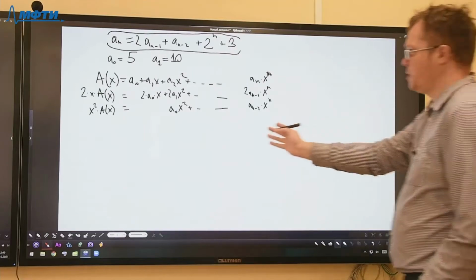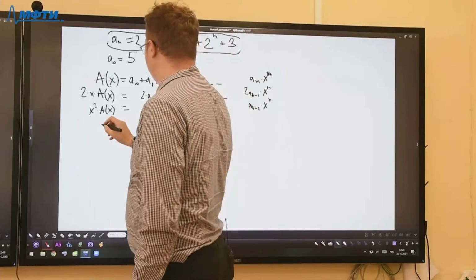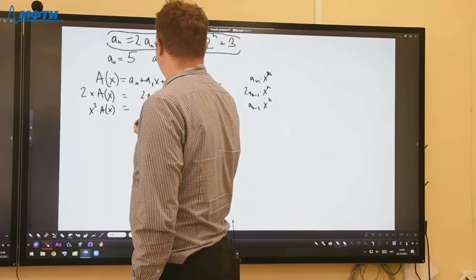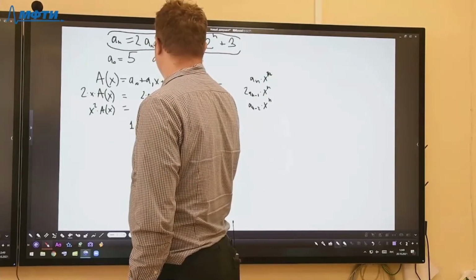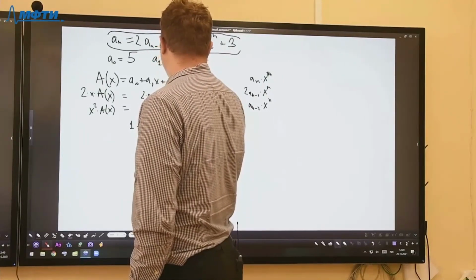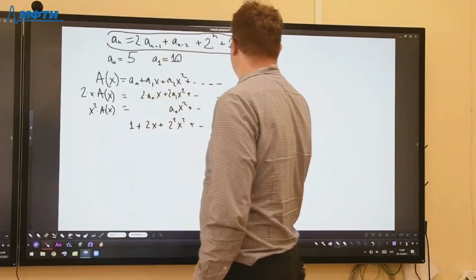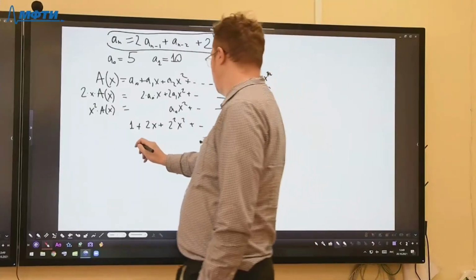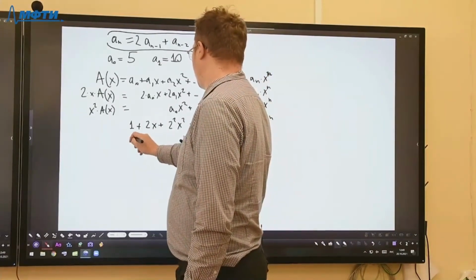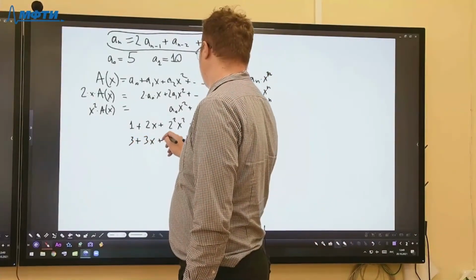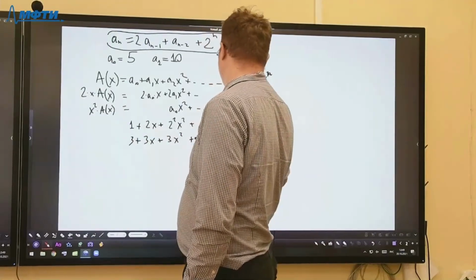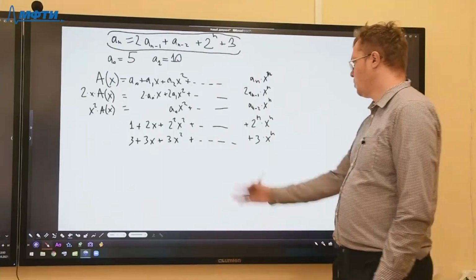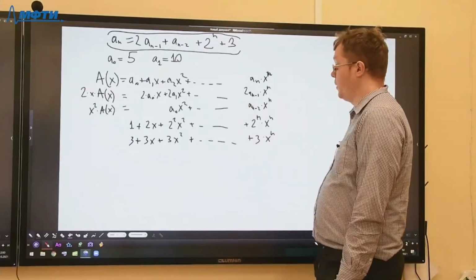So I just take additional: 1 plus 2x plus 2 squared x squared plus etc. plus 2 to the power n, and here we'll have just some constant 3.